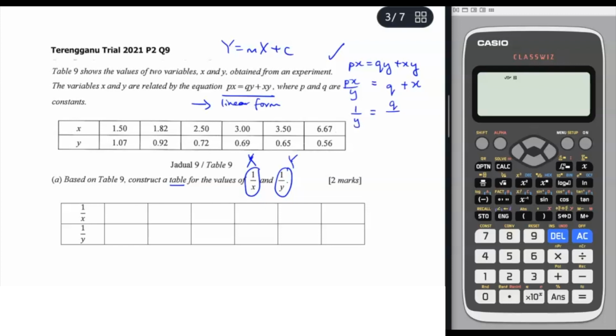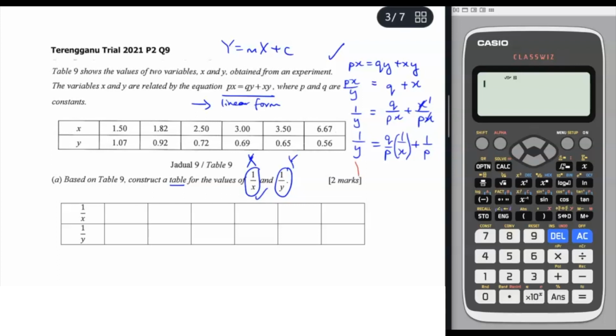So q over px, and then this will be x over px. Then we try to see whether we can simplify this or not. So it will be q over p times 1 over x. We see here the big X is 1 over x. And for this we can cancel out the x and x, so it's plus 1 over p, which means that our 1 over p is our y-intercept, which is c.